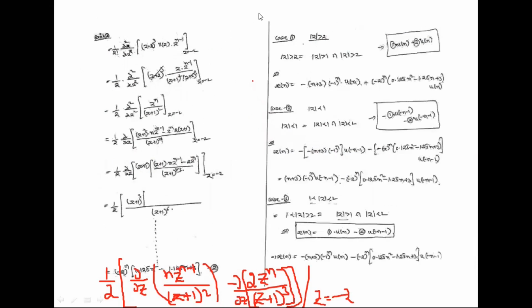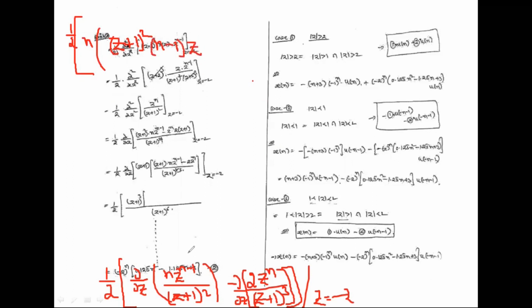See, first of all, if I am taking here ∂/∂z of 1/2 already there. ∂/∂z of this function n into (z plus 1) whole square, and for this function (n minus 1) whole multiply with z power n minus 1 minus 1.